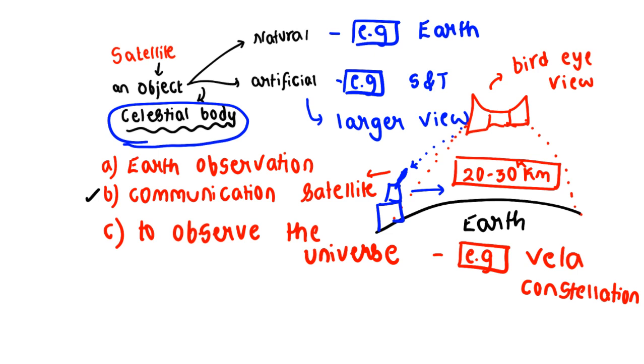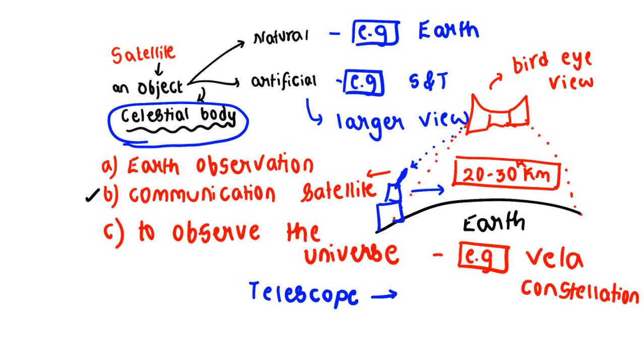It can collect information and transmit it to the instruments on the ground. And why are these satellites placed in space? If you place a telescope on the Earth to observe far away distances, clouds in the middle will cut the observations.